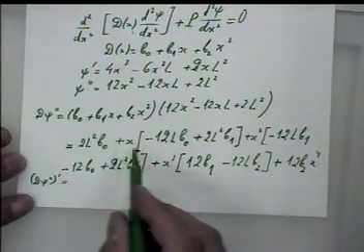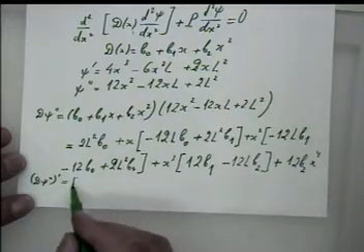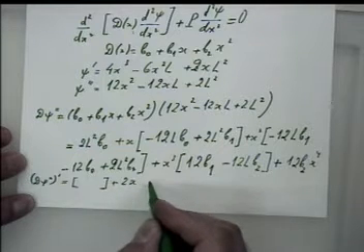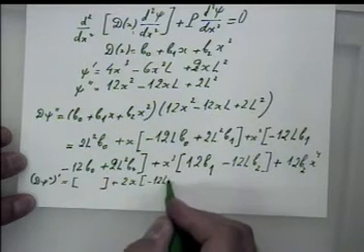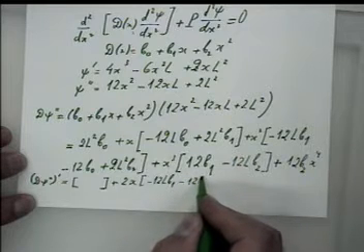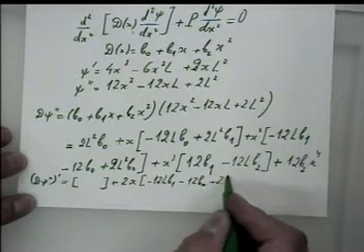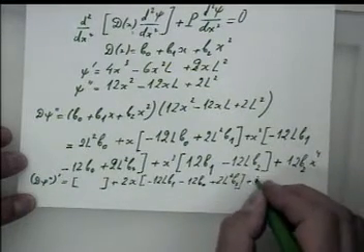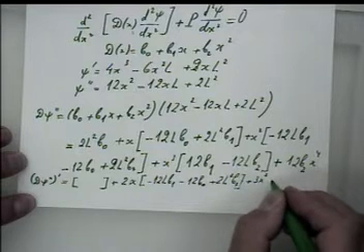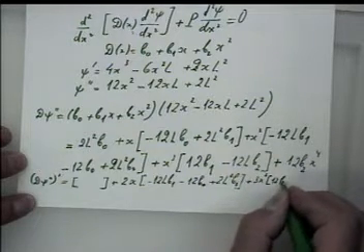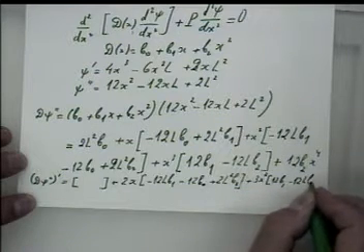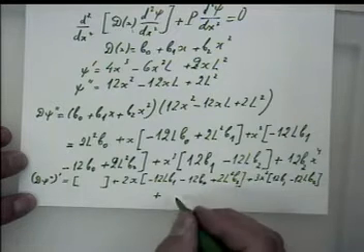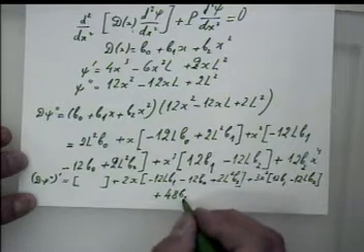This will disappear, so there will be a free term, that is this one, plus 2x times minus 12L b1 minus 12 b0 plus 2L squared b2, plus 3x squared times 12b1 minus 12Lb2, and plus 48b2x cubed.